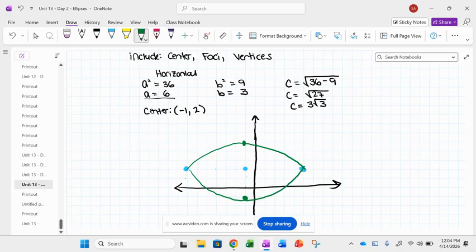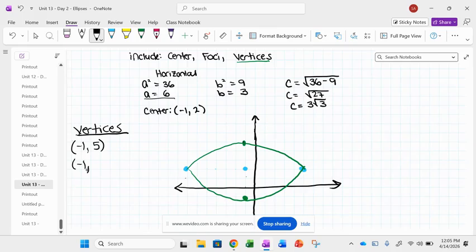Now, if I asked for the vertices, which I did, I want us to write out the coordinates for these 4 points. So our vertices are going to be, did anybody count what it is? We're at -1, 5.